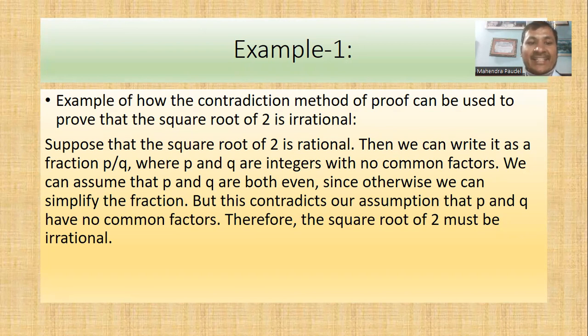We can assume that p and q are both even, since otherwise we can simplify the fraction, but this contradicts our assumption that p and q have no common factors. Therefore, the square root of 2 must be irrational.